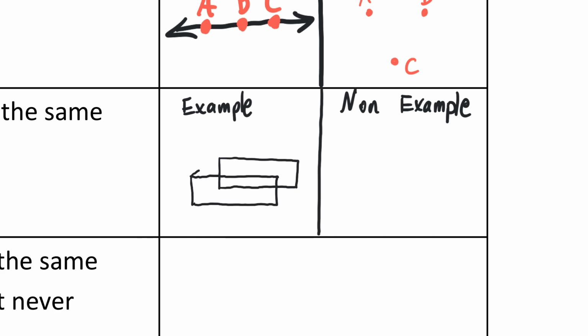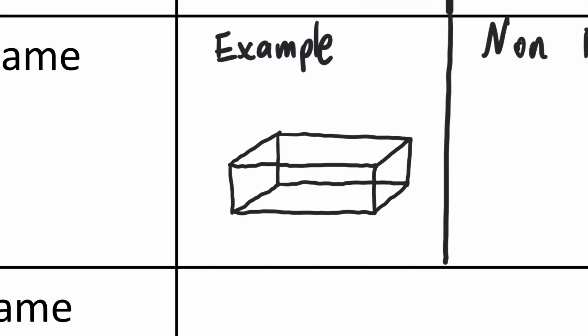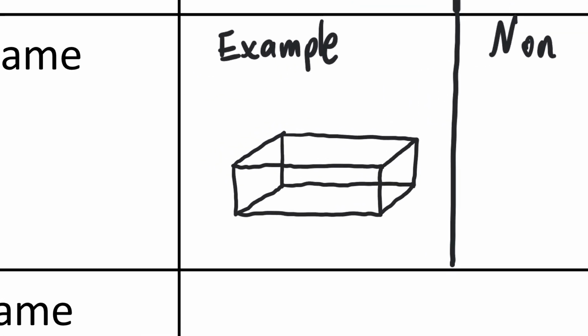And then just connect corners like that. Okay, so this point, this point, this point, and this point. These are what we would call coplanar.